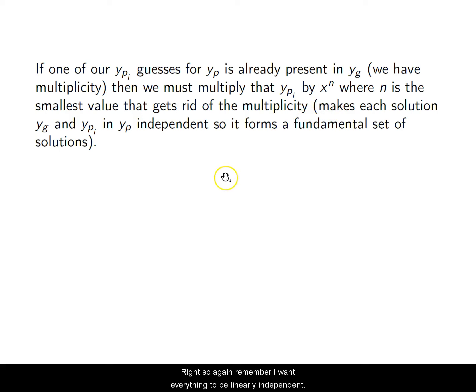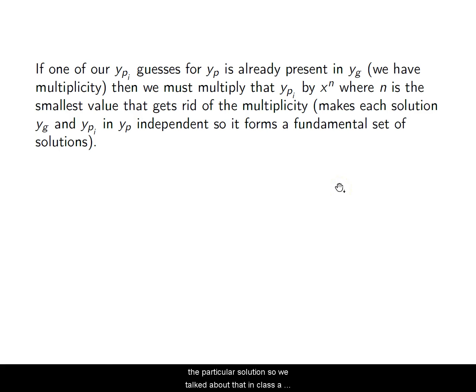So again, remember, I want everything to be linearly independent. I should not see the same thing pop up over and over again as a linear combination, meaning if I'm adding it over here in the general solution, it should not be added again in the particular solution.